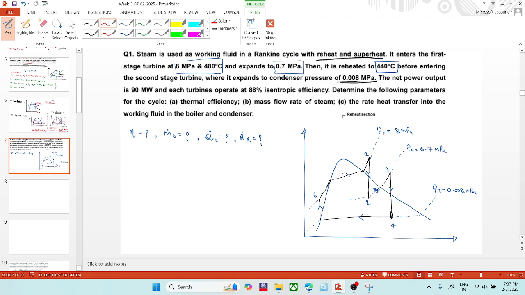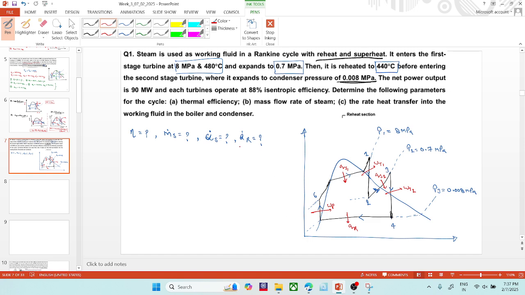Let me draw the things here. Here the QS1, heat supplied 1, here heat supplied 2, here the turbine work 1 and turbine work 2. Here will be the heat rejected QR, and here will be the pump work WP.